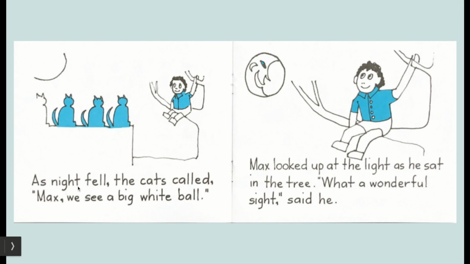As night fell, the cats called, Max, we see a big white ball. Max looked up at the light as he sat in the tree. What a wonderful sight, said he.